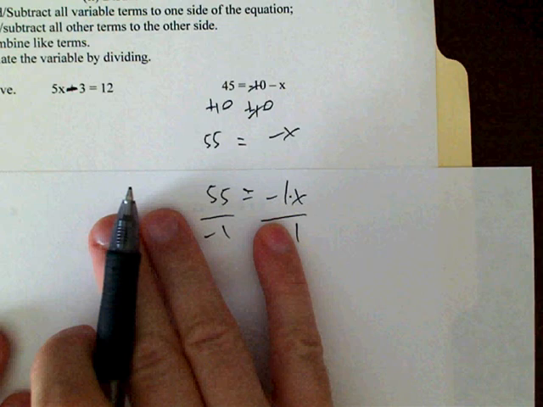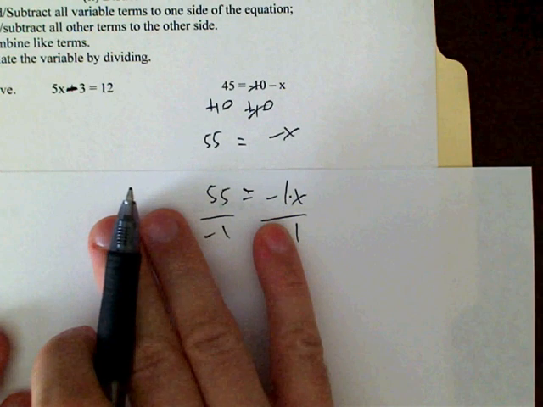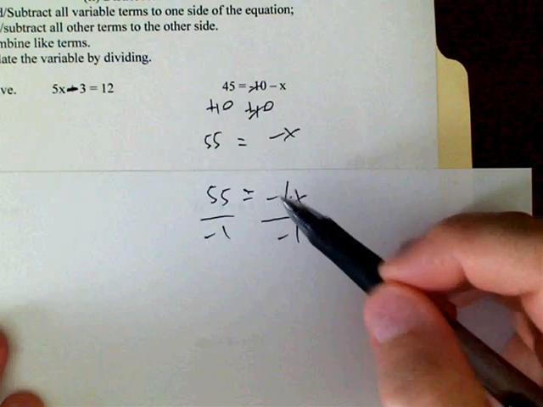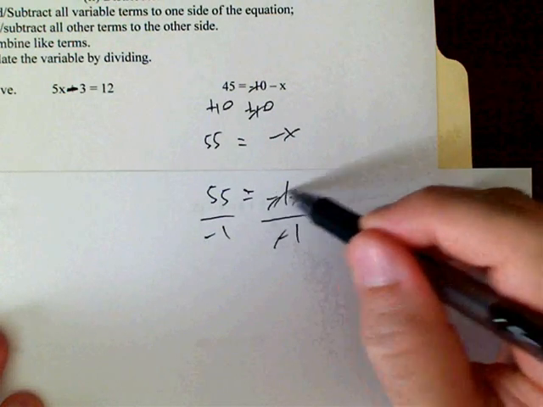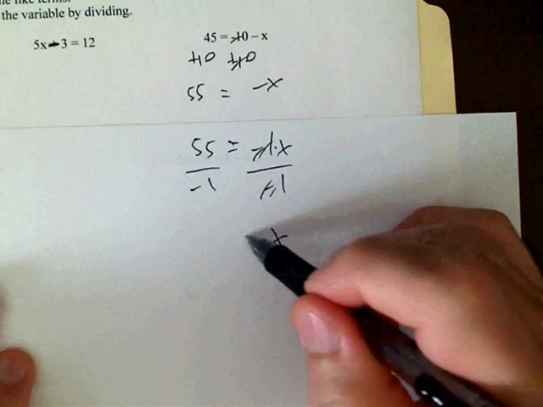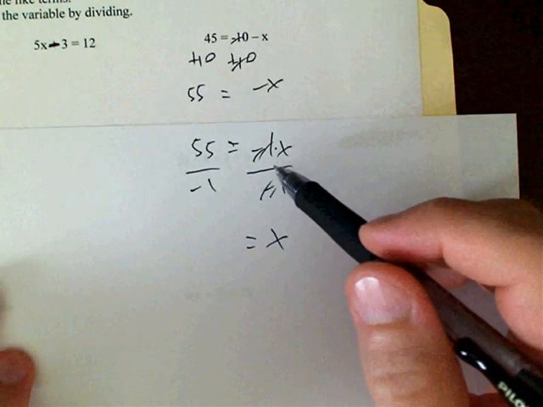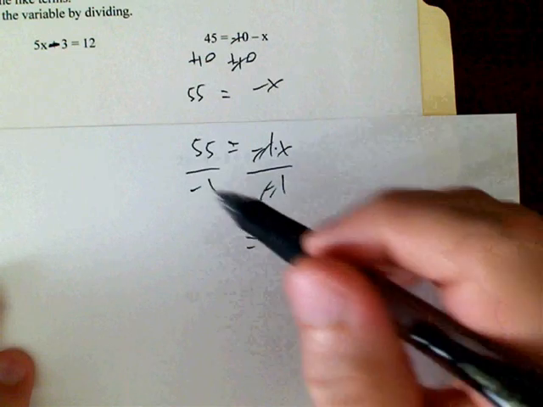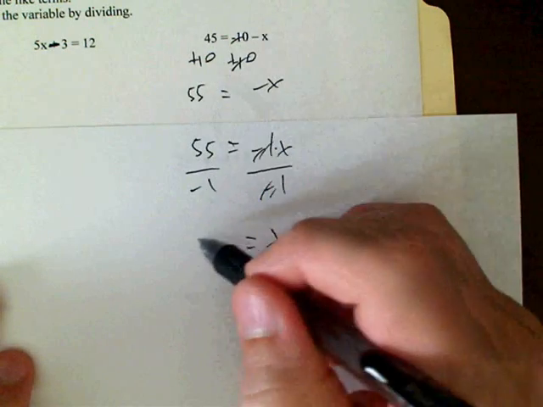And negative 1 times x is a negative x. We don't want that. We want a positive x. So if you use a negative, a negative divided by a negative is a positive, and it leaves the x. Because negative 1 divided by negative 1 is a positive 1x, and positive 1x is the same as x. 55 divided by the negative 1 is negative 55.